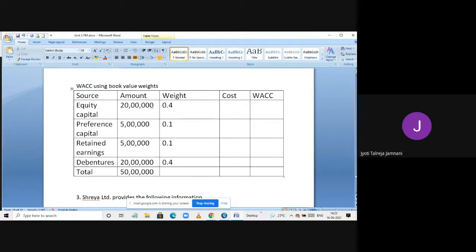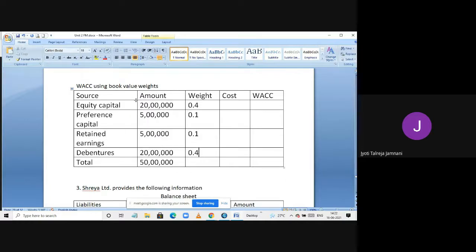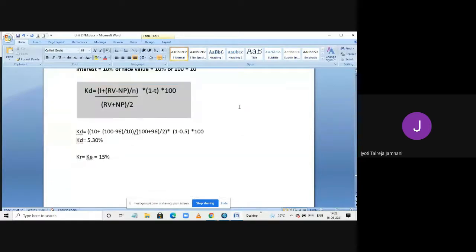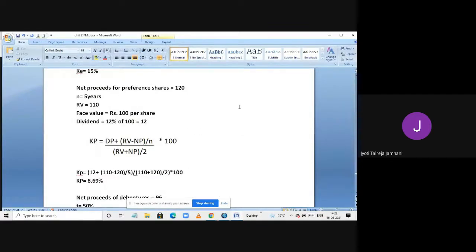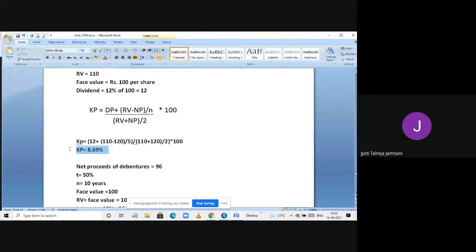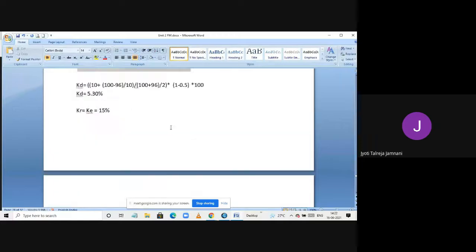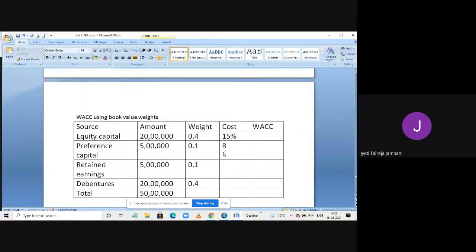Now the next part is to find the cost, which we have done above. Before calculating the weighted average, we have done a note on each of the costs. First was cost of equity, which we found was 15%. Then preference, KP, here it is, we got 8.69%.